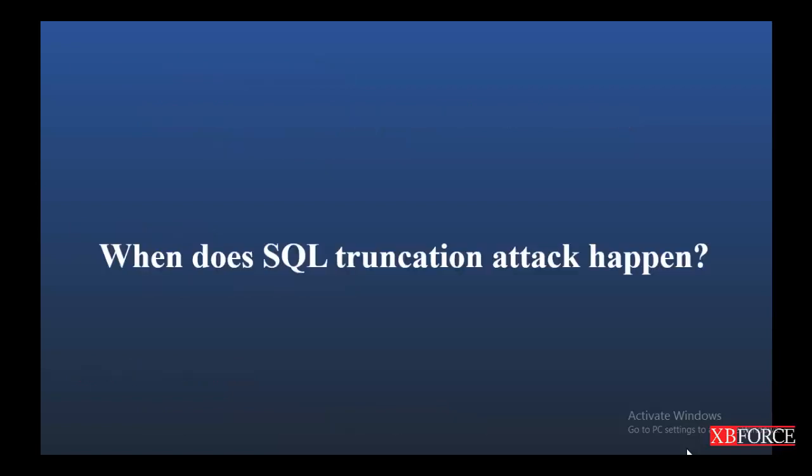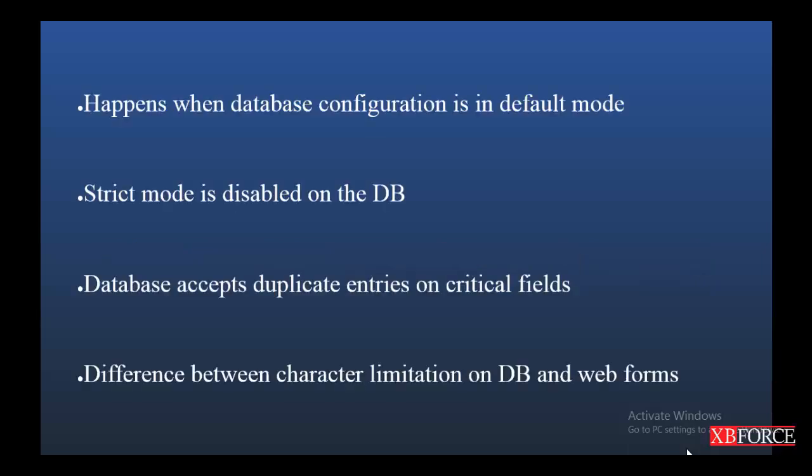When does an SQL Truncation attack happen? It happens when the database configuration is in default mode. It happens when strict mode is disabled on the database. It happens when the database accepts duplicate entries on critical fields like email address, when there are differences between character limitations on the database and web forms.